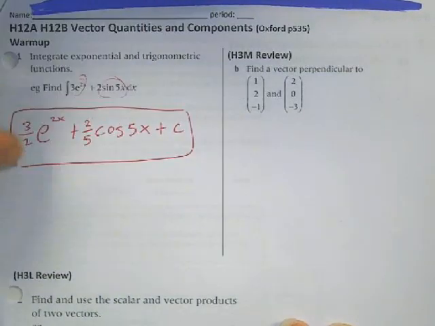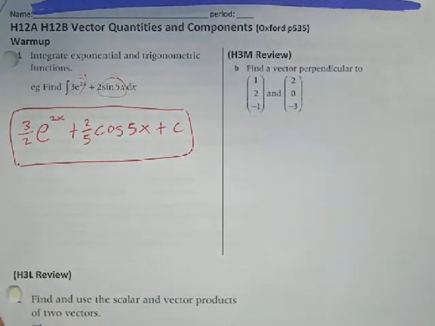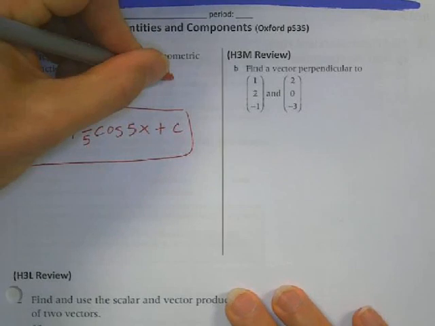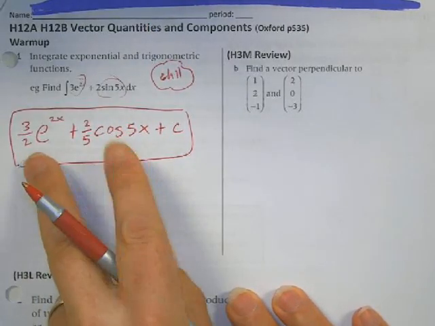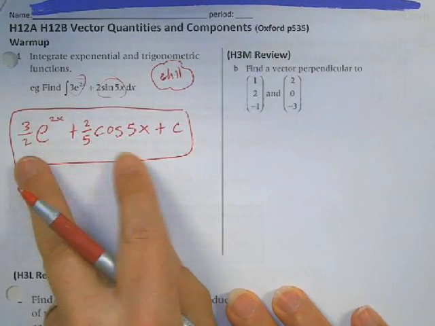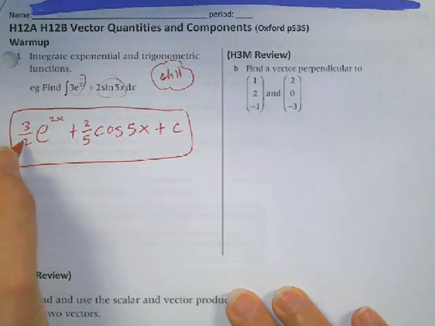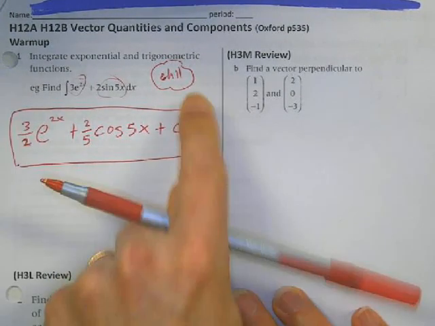Okay, if you're not sure how I did this, this is chapter 11. I did some substitution stuff there, so just look at chapter 11 if you need help with that.